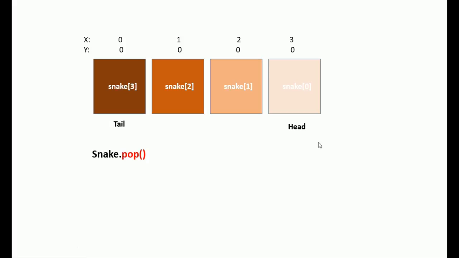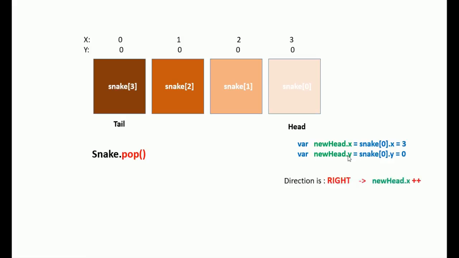But there are 2 things we have to know before creating a new head: the position of the previous head, and the direction. So we set these coordinates to a new variable, newhead.x and newhead.y. And then based on the direction, for example, if the direction was right, we say newhead.x++.